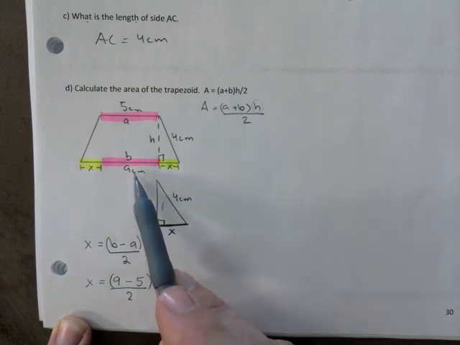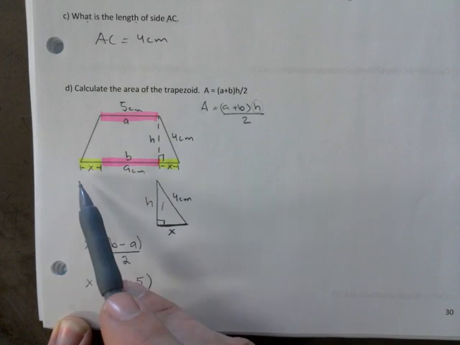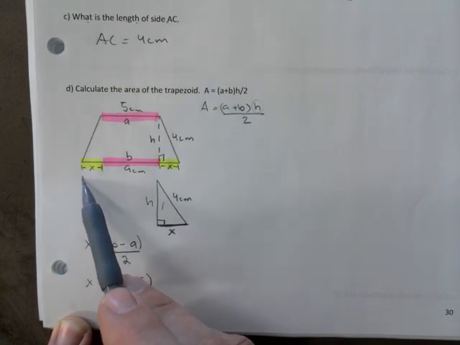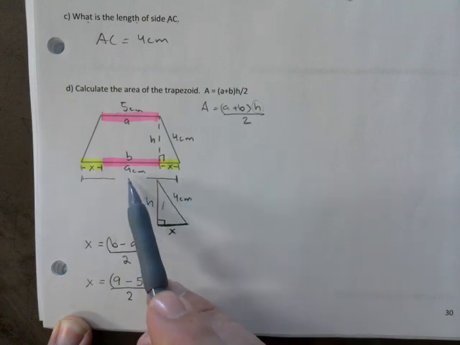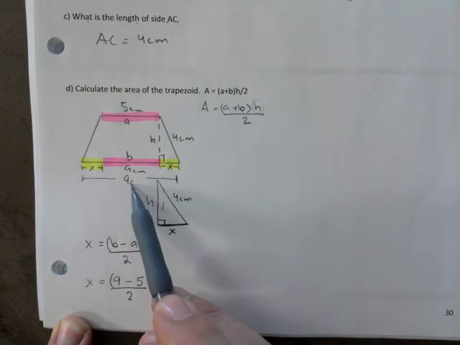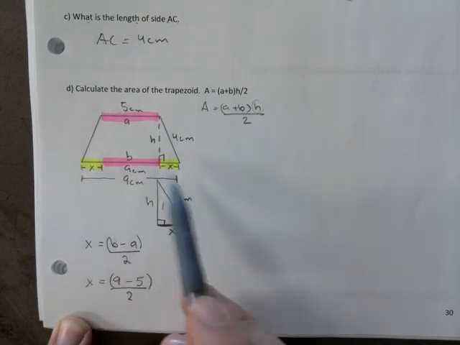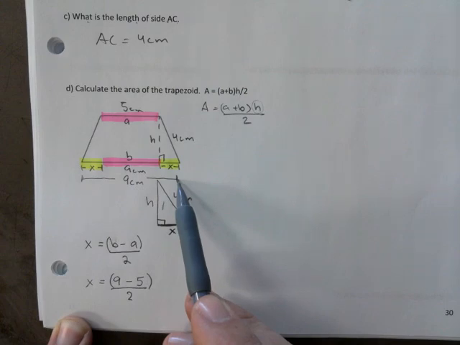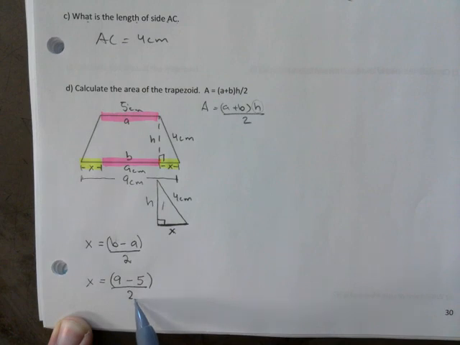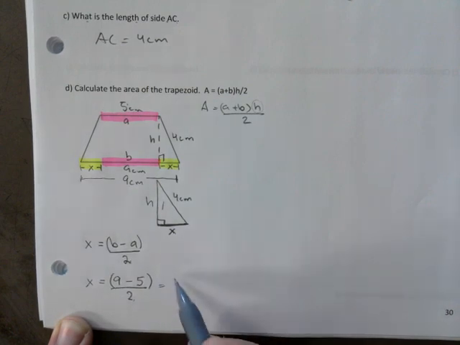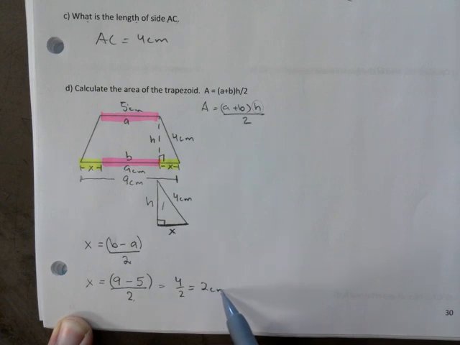That's why I go 9. This is a little bit tricky here. I'm just going to make sure you understand that 9 goes from end to end, okay? The 9 centimeters goes from end to end, the longer side. So I go 9 minus 5, and then I divide that in half to get that. So this would be 4 divided by 2, which is 2 centimeters.